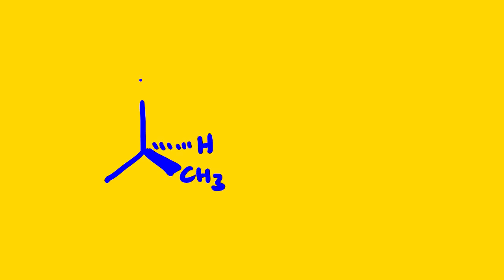If we take this 2-chlorobutane, which is one of the examples we've used, CH3, and then we have hydrogen here, we have chlorine here, and then we have CH2CH3.